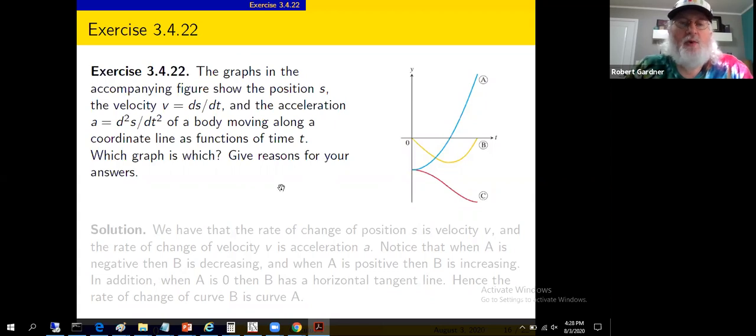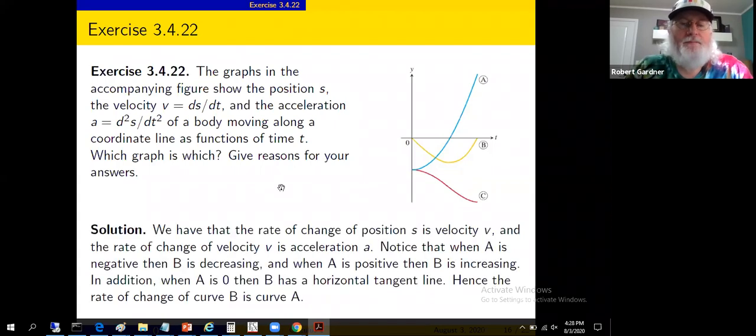All right, so the rate of change of position is velocity, and the rate of change of velocity is acceleration. So we want to think about these in terms of derivatives, one of the other. So what's it going to be? How about this? When A is negative, B is decreasing. A is negative for these values of time.